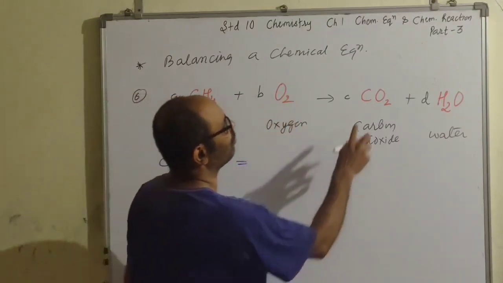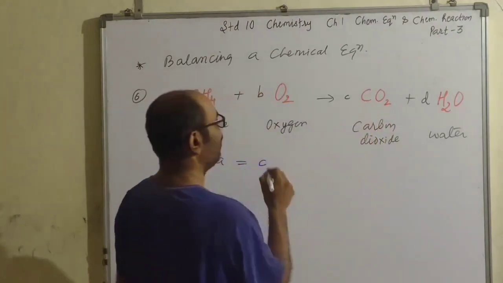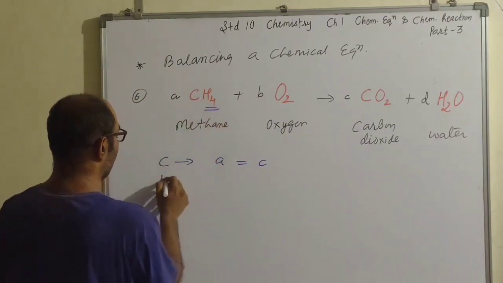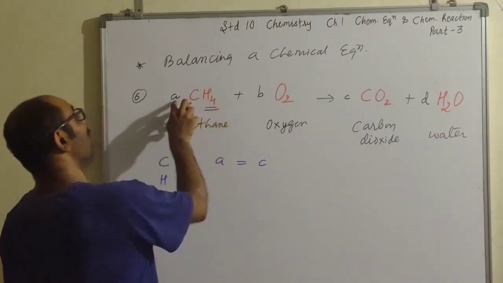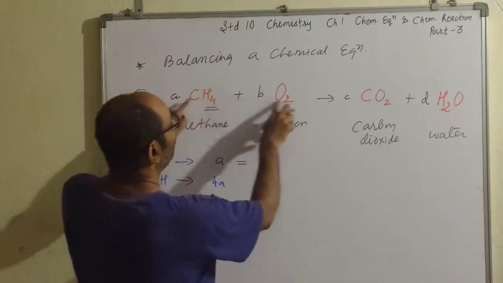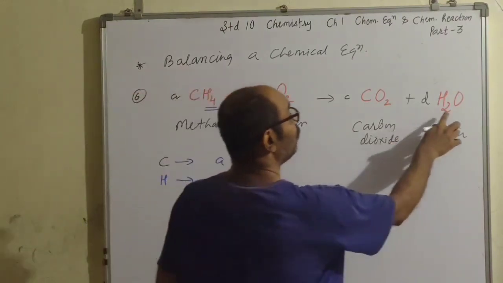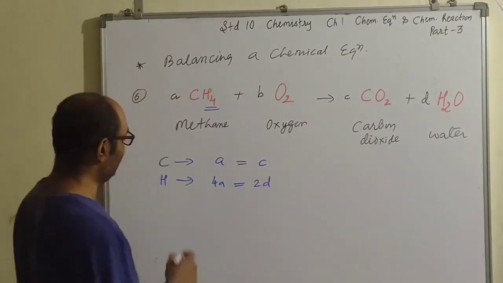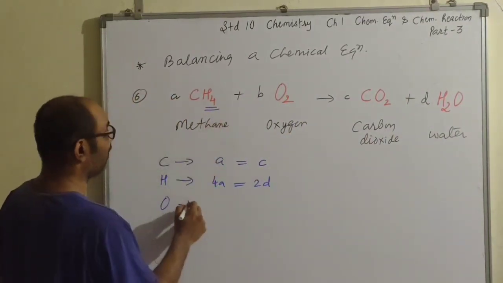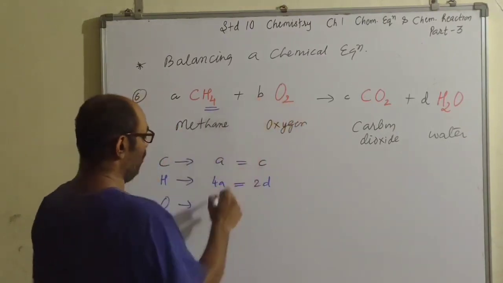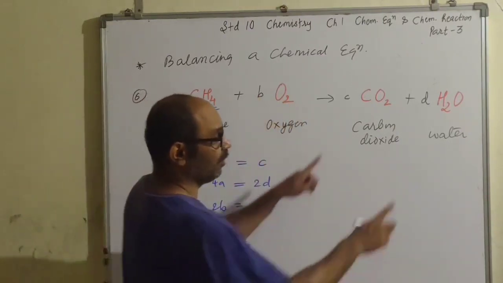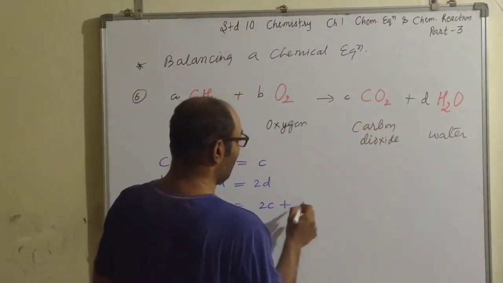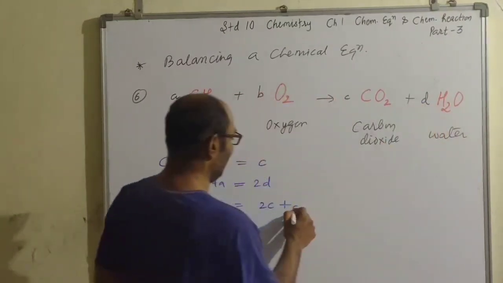So equal to, यहाँ carbon, 1 into C. That's it. आगे carbon नहीं. फिर बारी हाइड्रोजन की. 4 into A, 4A. कोई हाइड्रोजन नहीं, 2 into D, so that is equal to 2D. फिर बारी ऑक्सीजन की. 2 into B, 2B on the left hand side. यहां दो जगह पे ऑक्सीजन है. 2 into C, 2C plus 1 into D.